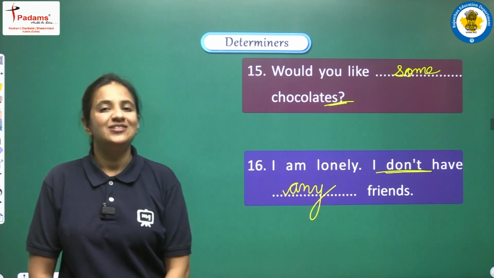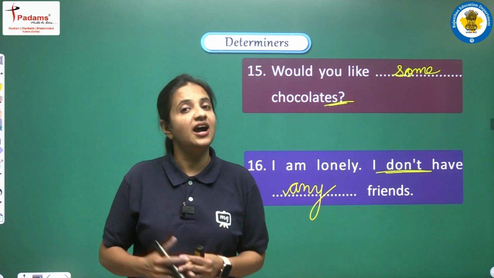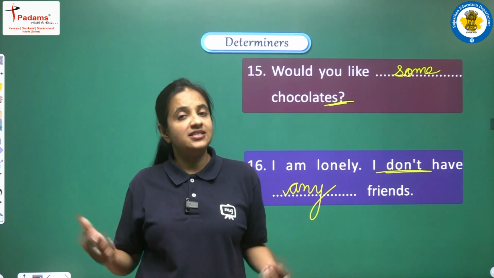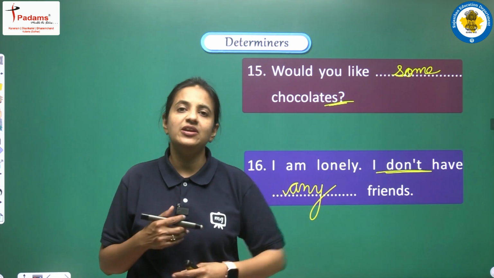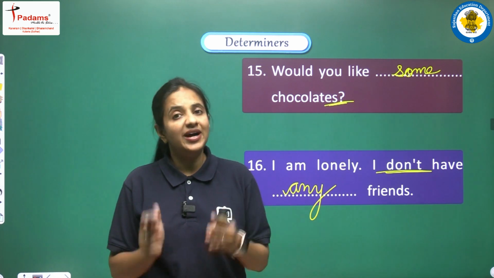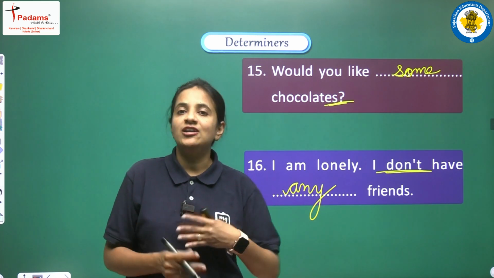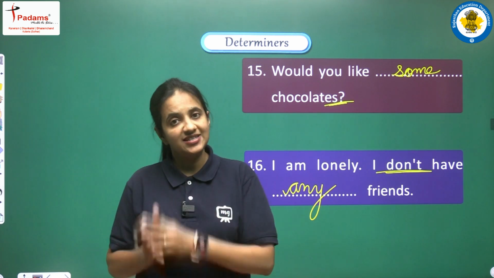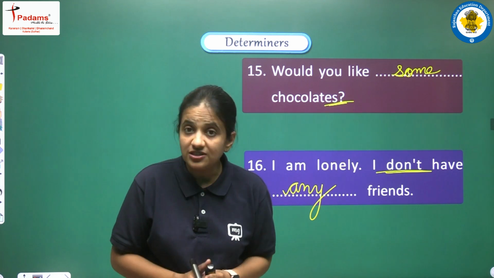Alright, so students, in this video we have discussed two determiners. They are some and any. Yes, they are connected with each other because both words have almost similar meaning, but they are used differently. They are used in different kinds of sentences. So what is the difference that we have discussed, and we have discussed some exceptions also, right?